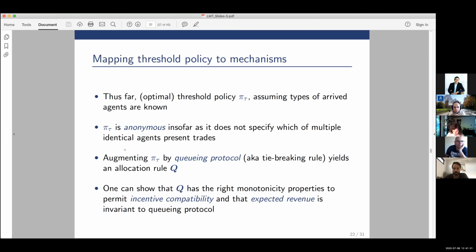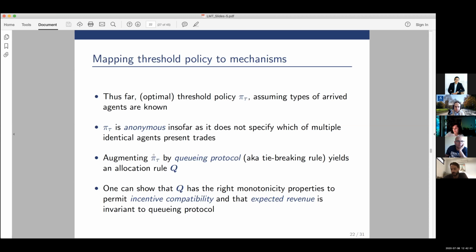So long story short, in order to create an allocation rule that implements the efficient policy pi tau, we need to augment it by a queuing protocol or a tie-breaking rule that specifies which of the stored traders are going to trade if there are multiple stored traders.